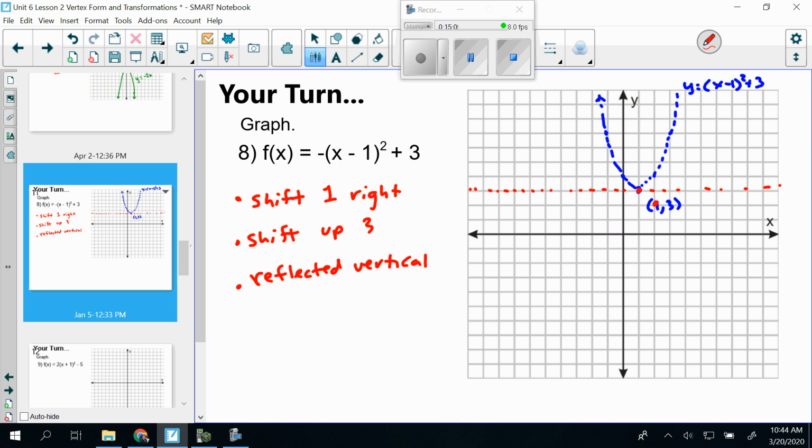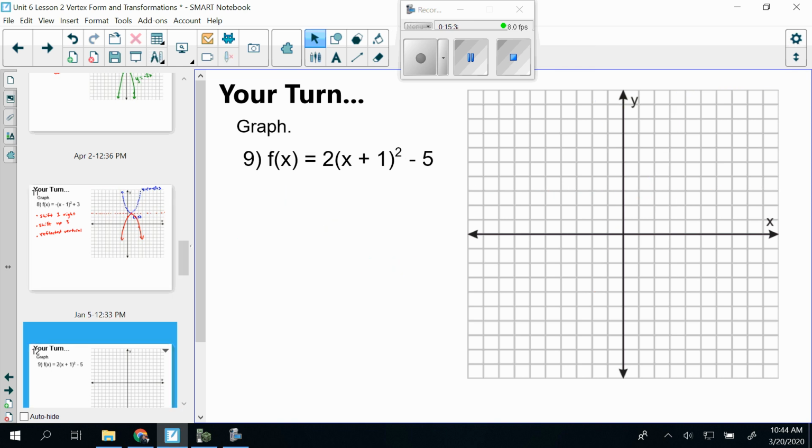This point should now move here. This point would move there. Our point we had here would be down 4 now. We'd have a symmetrical point over here. And so the final one would look like that. It got reflected vertically, so that would be our final graph.